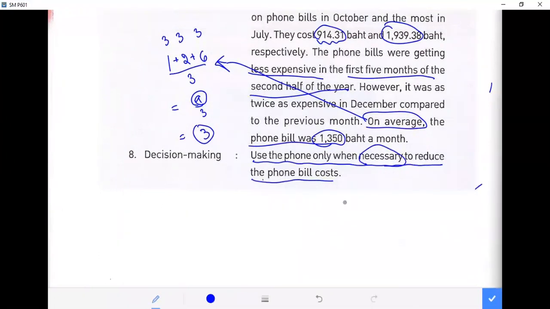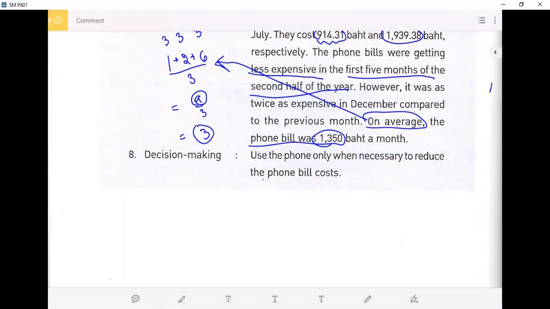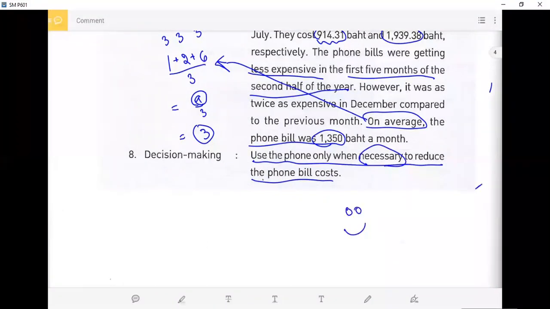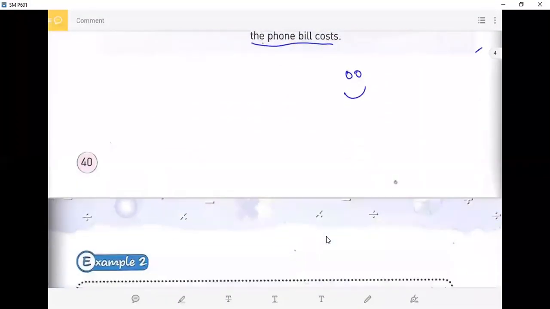That is a very, very smart judgment. Very good judgment. So this girl is really good, right? How about you? If you pay a lot for the phone bills, you have to think of something like this too, okay? So we go to the next page now.